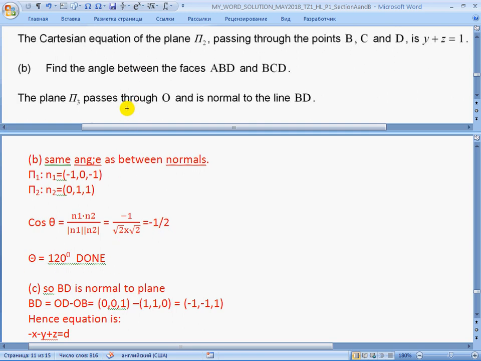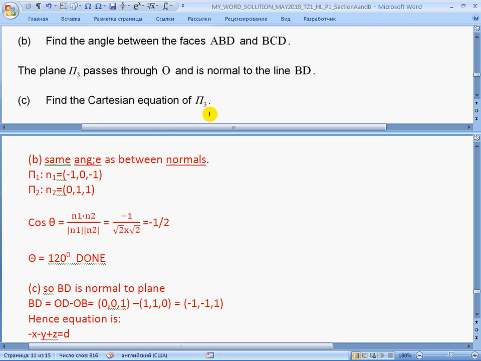So this question is done. Plane P3 passes through A and is normal to the line BD. Find the Cartesian equation of P3.